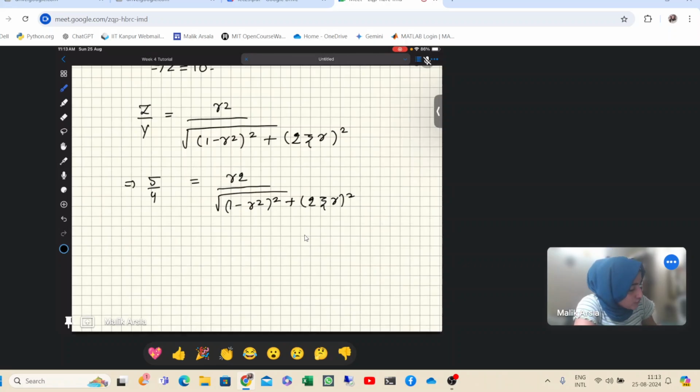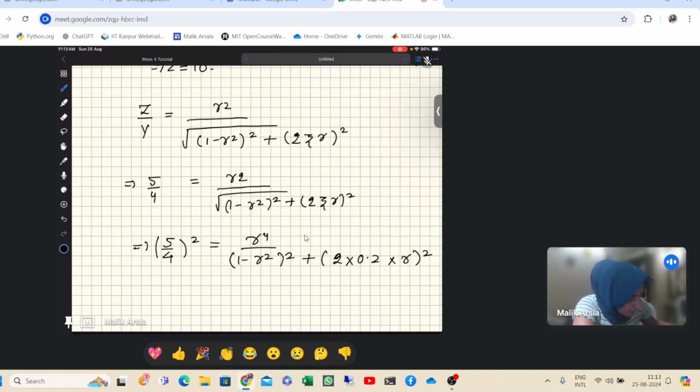Okay, so by squaring on both sides, it will be r to the power 4 over (1 minus r square) whole square plus 2 zeta r square, where zeta is 0.2, so I am putting it.